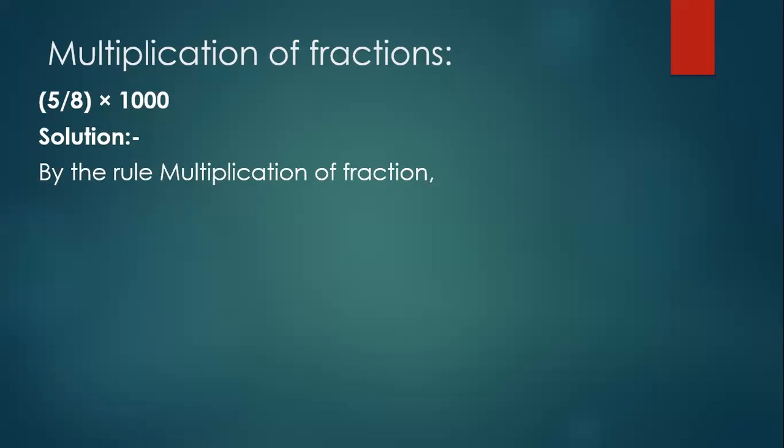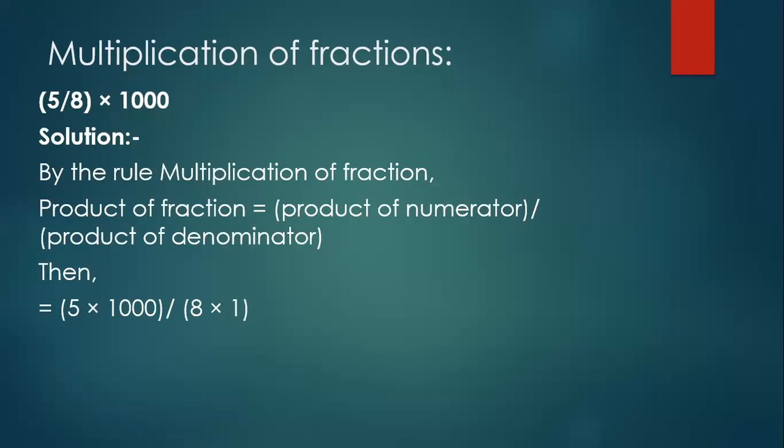The product of fractions is the product of numerators by the product of denominators. The numerators are 5 and 1000, so it becomes 5 multiplied by 1000 divided by 8 multiplied by 1.